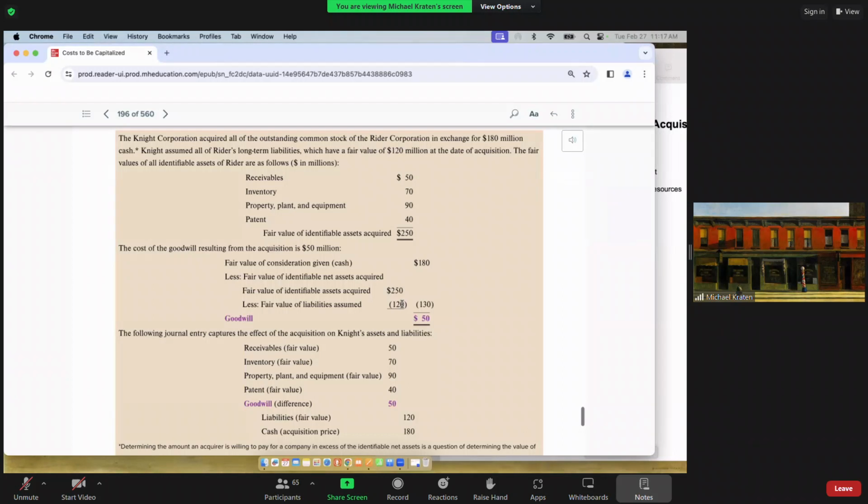What if you say, however, I'm actually buying it because customers think well of the company. There is positive brand value in the company. And that brand value is worth 50.